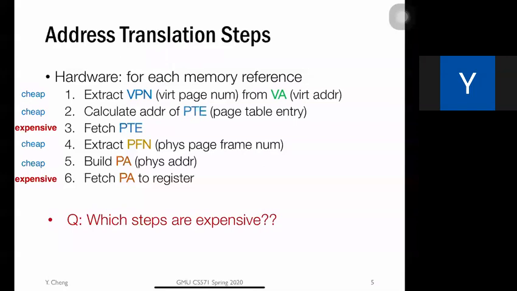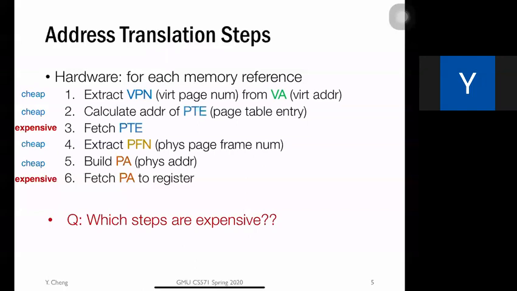Why is that? This is because step number 3 and step number 6 are both essentially doing physical memory access. Accessing something stored within the physical memory is obviously significantly slower compared to, let's say, generating the virtual address from the CPU or accessing some on-CPU hardware, right?